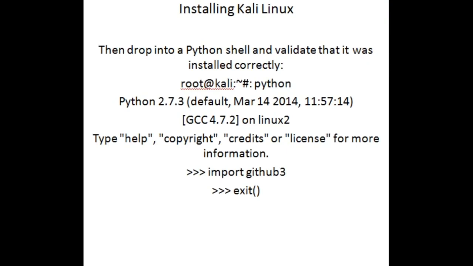You should see output in your terminal indicating that the library is being downloaded and installed. Then drop into a Python shell and validate that it was installed correctly. root@kali:~# python, Python 2.7.3 (default, March 14, 2014).